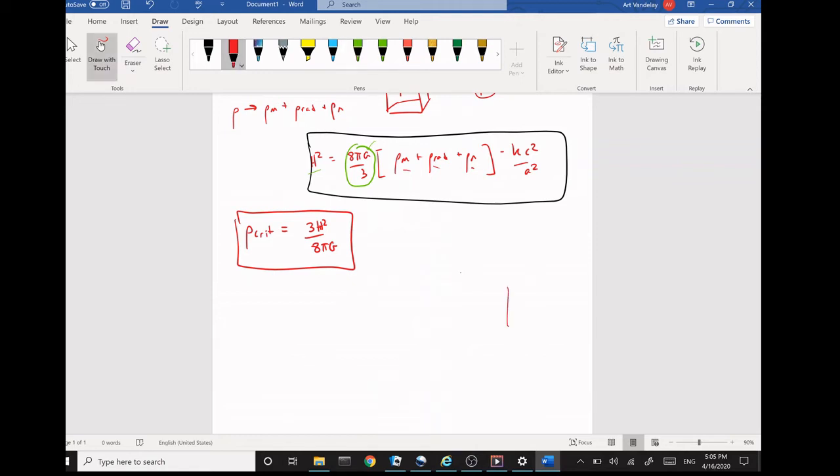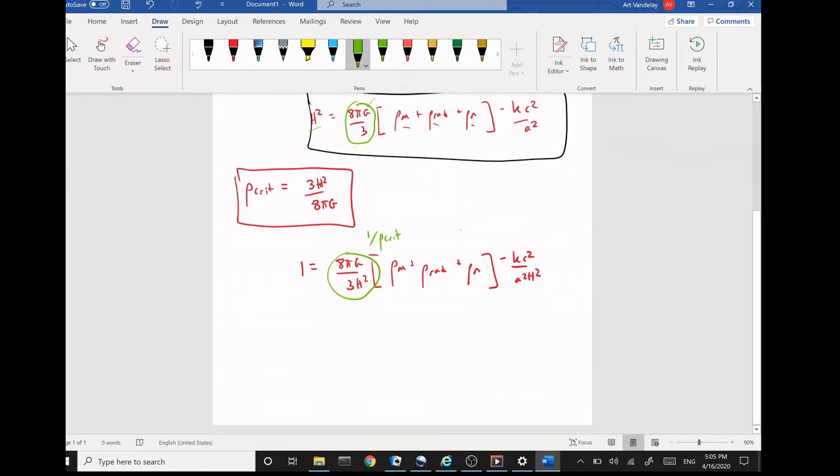I'm going to divide both sides by H squared, in which case my FRW becomes this: plus rho m, rho rad, and rho lambda, minus k c squared over a squared H squared. So once I've divided the left-hand side, you'll see that this is exactly 1 over rho crit.